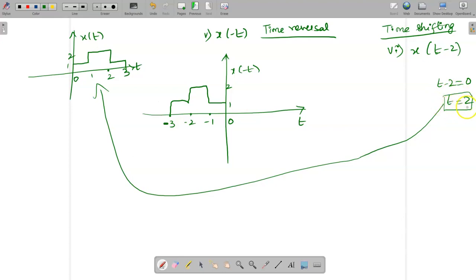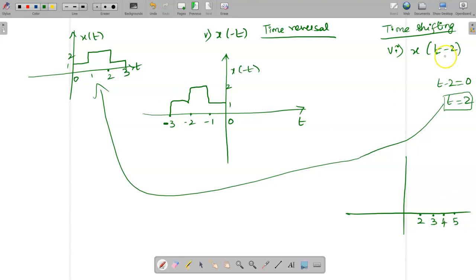Here it is 2, so 2 we have to add with each and every instance of t. So 0 plus 2 will become 2 now. Then 1 plus 2 will become 3, 2 plus 2 will become 4, 3 plus 2 will become 5. So just the diagram has been shifted.